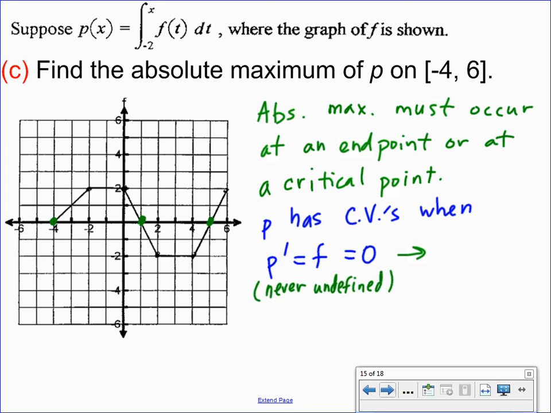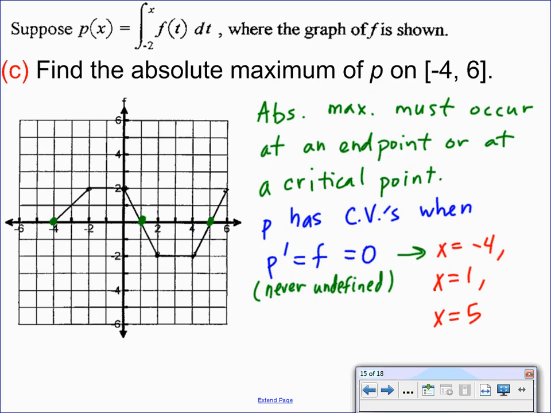So we have critical values at x equals what? -4, that's also an endpoint, 1 and 5. All right.